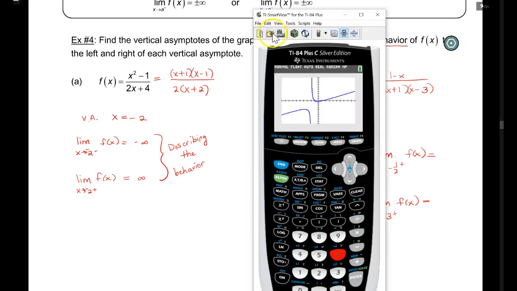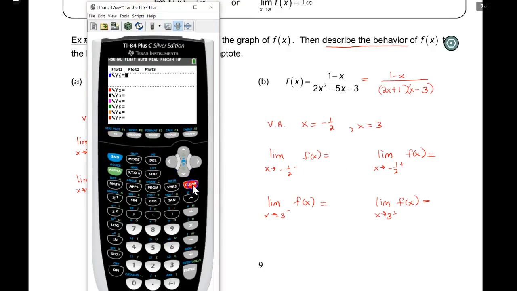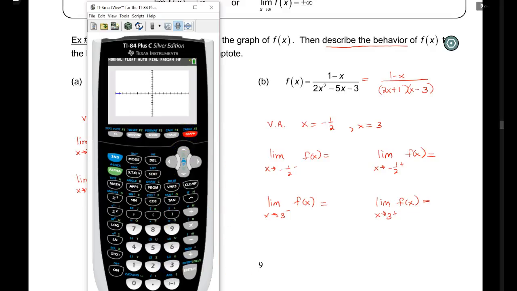So we'll type this one in. Let's see. You're not going to see the asymptotes, but see what's going on.